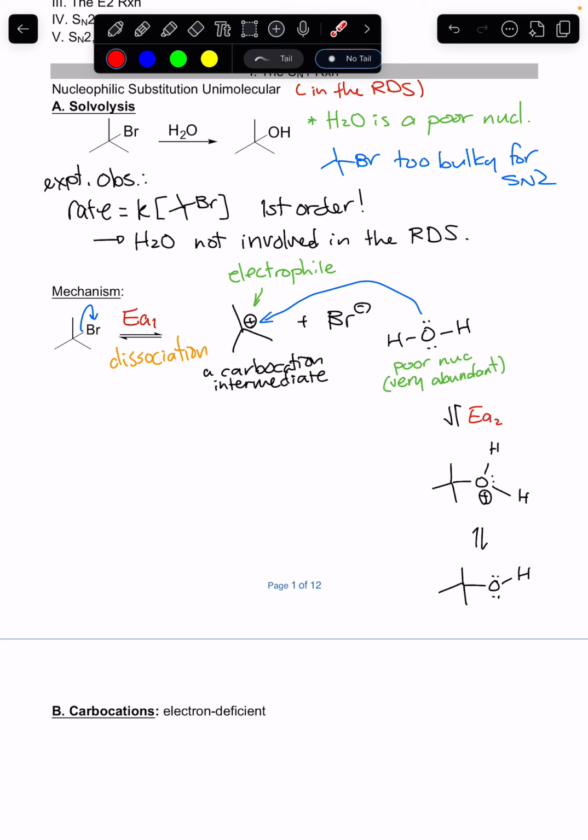candidates, and if you compare the basicity of these two species, remember bromide is the conjugate base of hydrobromic acid, HBr, which is a very strong acid, which means that the conjugate base is not basic at all. The reverse reaction doesn't happen much. And so for that reason, water actually is the most basic species in this mixture, even though it's not very basic compared to bromide.